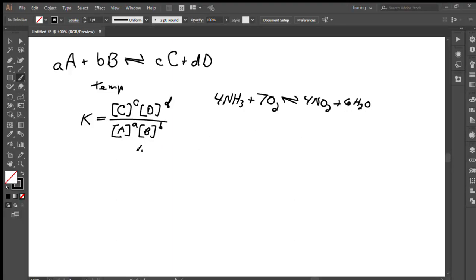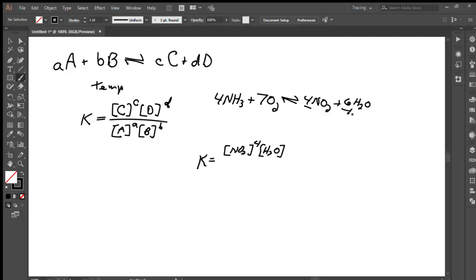So let's write our equilibrium constant here. K equals, and now we want the concentration of our products on top. So we've got the concentration of NO2. Its stoichiometric coefficient is 4, so we want it to the 4th power, times the concentration of H2O.